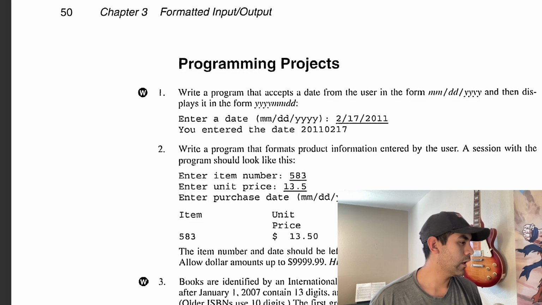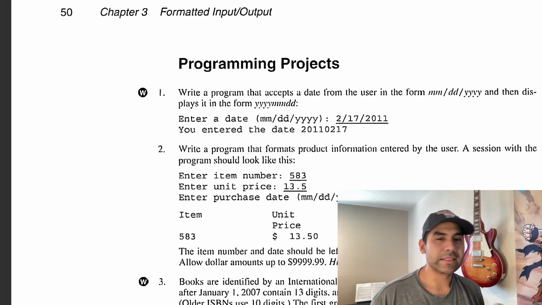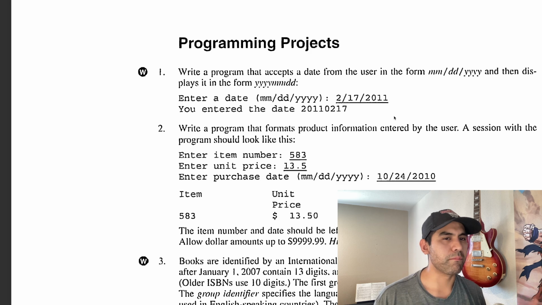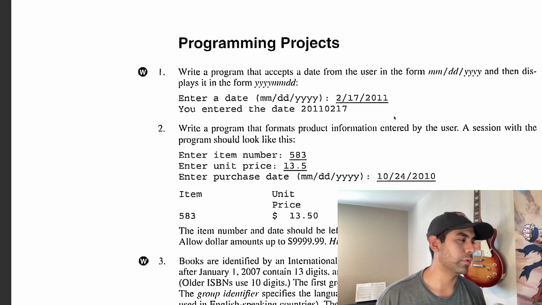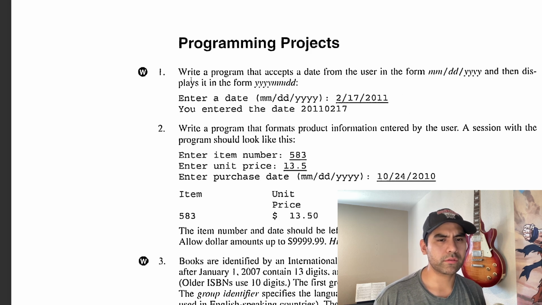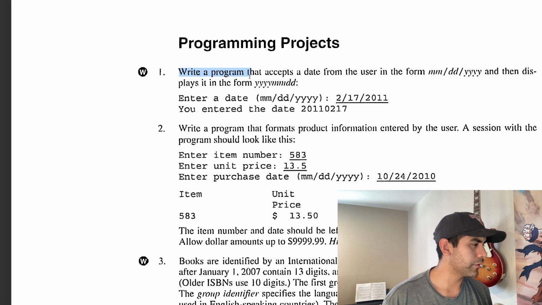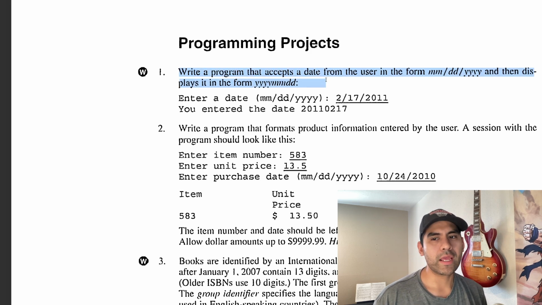So we are in chapter 3 now from this book. Like I said, I haven't been posting because I've been finishing and reading. But now let's jump right into the first programming project. It reads: write a program that accepts a date from the user in the form MM/DD/YYYY and displays it in the form YYYYMMDD.